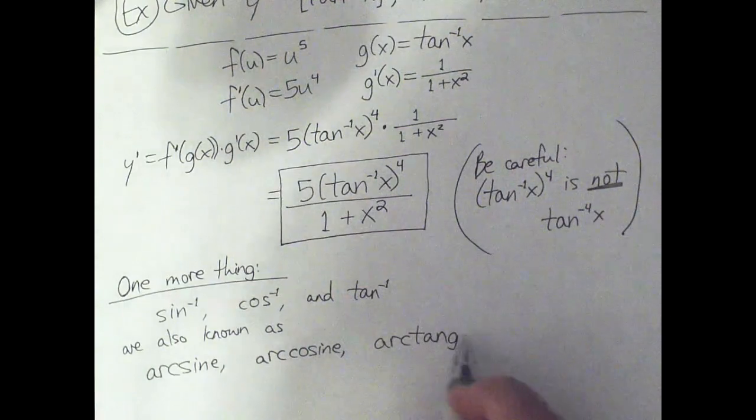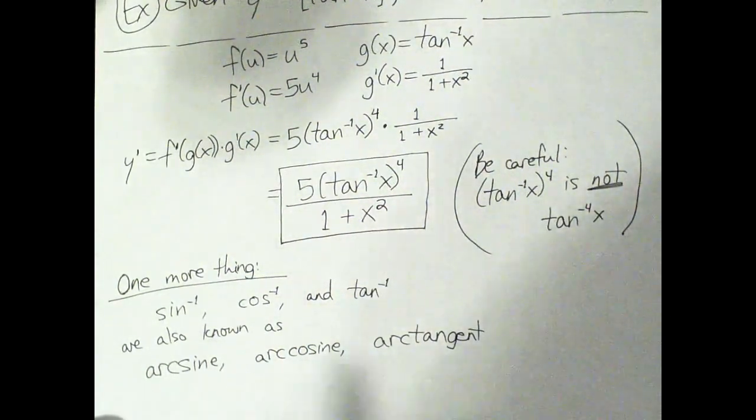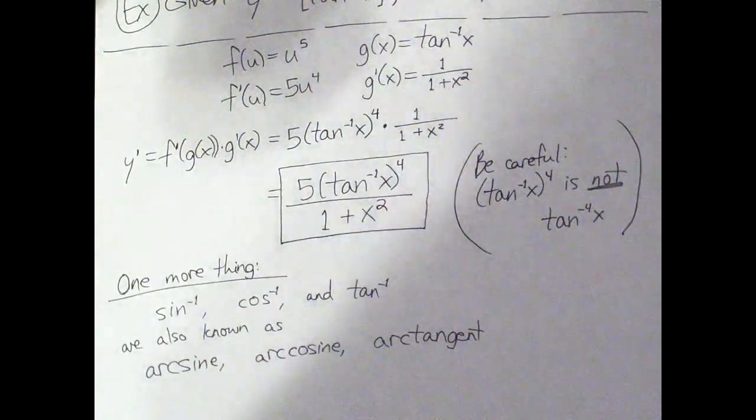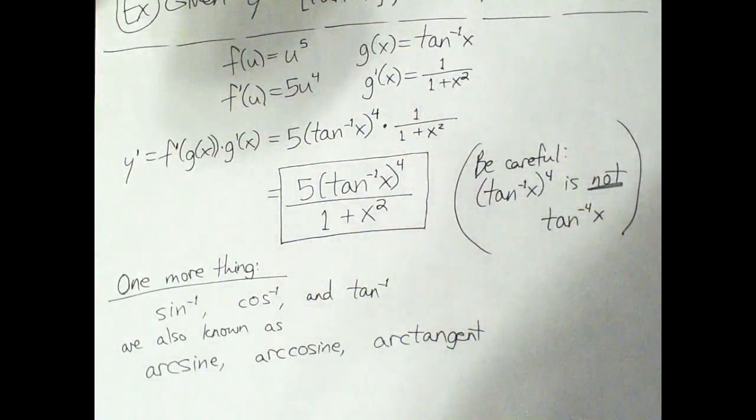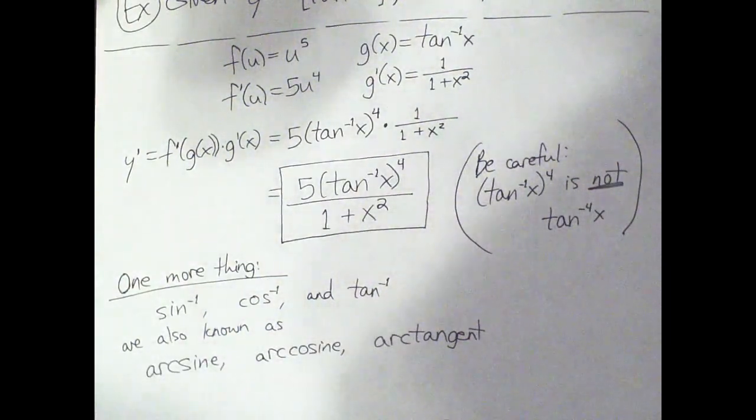So maybe those names are pretty nice. Maybe we should use those names, because the -1s are easy to confuse for exponents. But the reason I use the -1 notation is because that's the most popular notation, and I like to use the same things that you might see in a textbook.